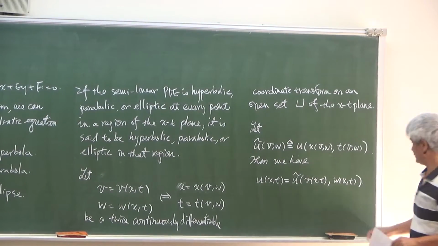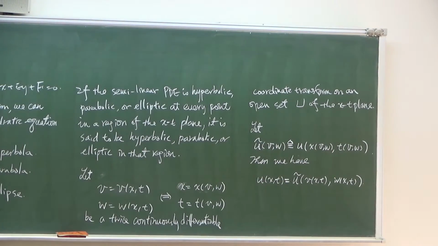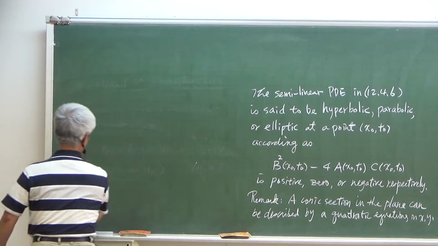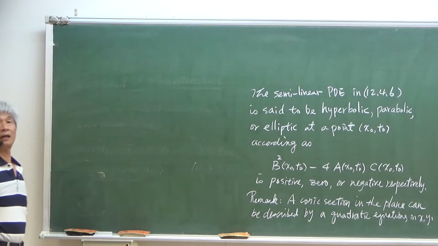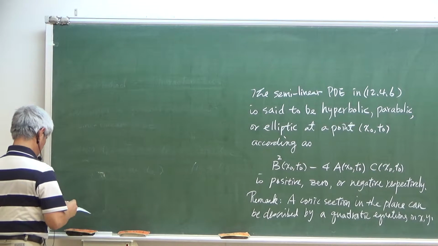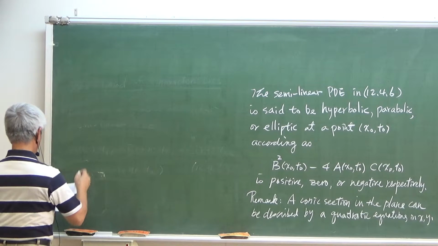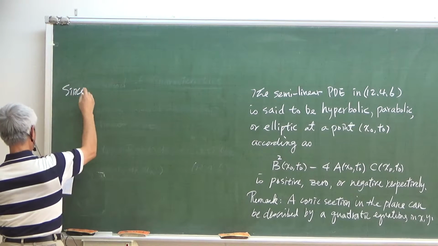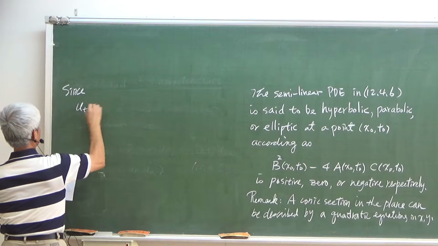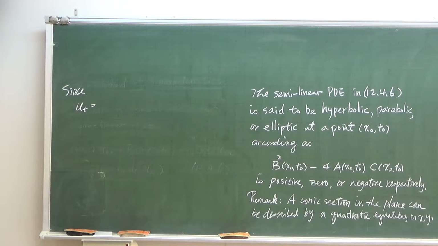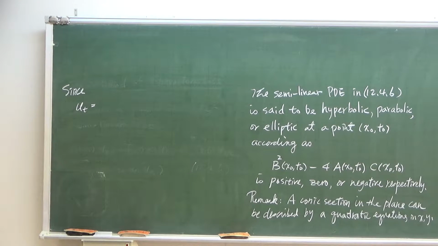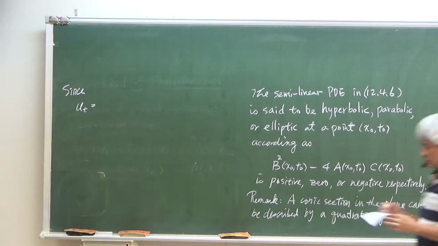So now we will do the procedure just like Lambert did, several centuries ago. Since u is expressed by u tilde, for the first partial derivative of u with respect to t, we use the chain rule.